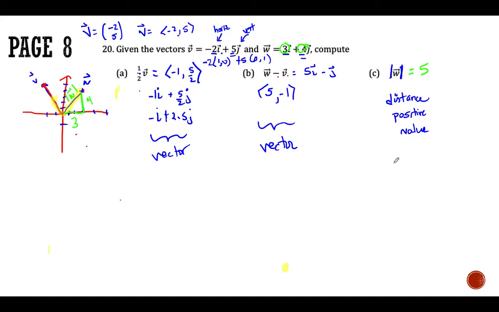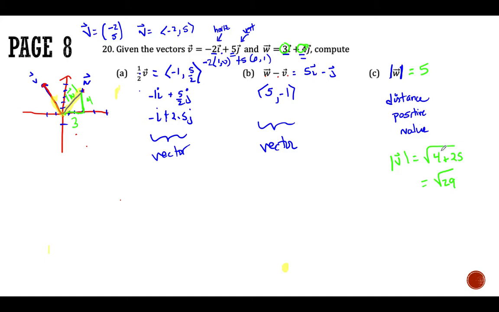I didn't ask for it, but could you find the magnitude of vector V? Even though vector V is going right up into quadrant 2, the magnitude of vector V would be the square root of negative 2 squared plus 25, positive distance.